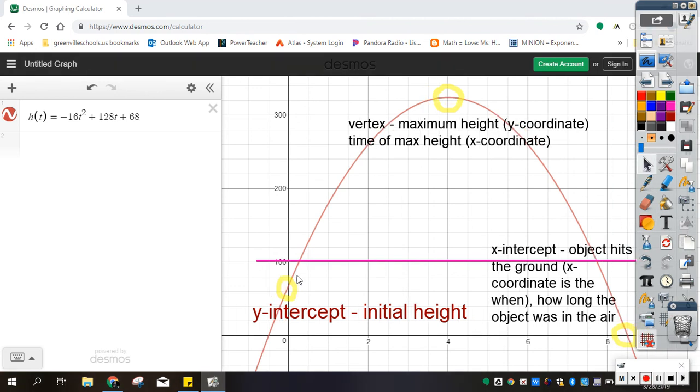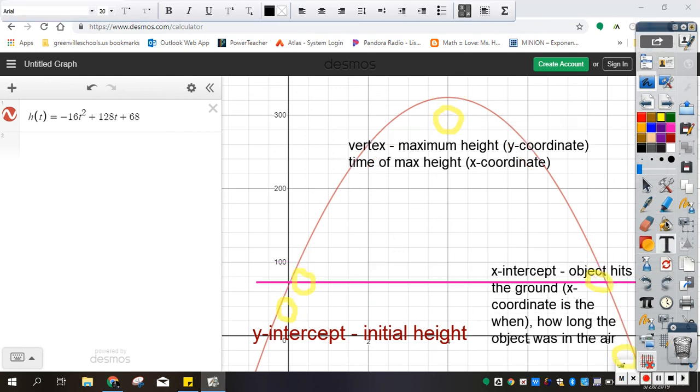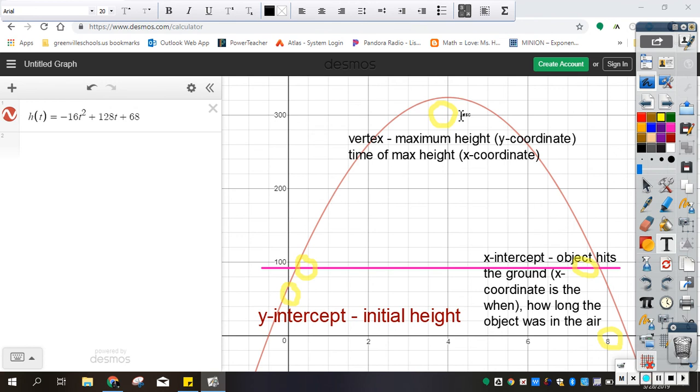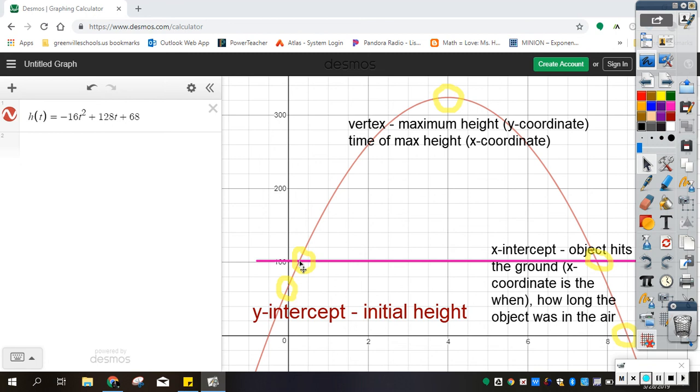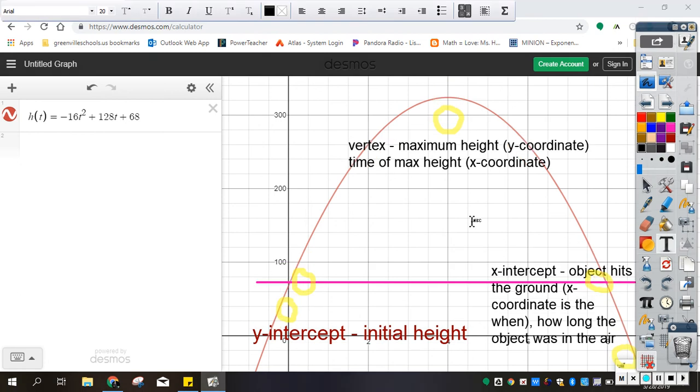The intersection of that horizontal line and my parabola, that represents when that pumpkin is at that height. And if you think about it, it's going to reach that height twice, once going up and then again coming down. So these points of intersection, that's when the pumpkin reaches the height of 100.